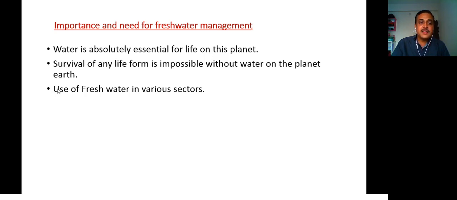Again, the use of fresh water in various sectors is also a separate topic for discussion, and in our syllabus, unit three is going to focus on the uses of fresh water.